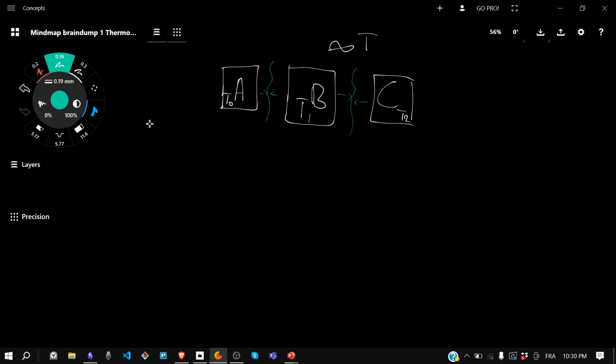What this means is, if B stays very long close to C, and A stays for a very long time close to B, then T0 equals T2 equals T1, which means that the temperature for A is equal to the temperature for C, because there's an equilibrium of kinetic energy within the system.